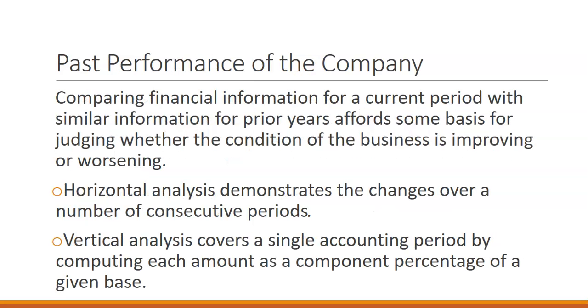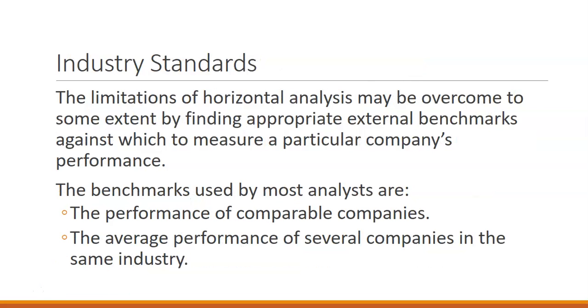So our past performance of the company, we're looking at that horizontal analysis, which is the trend analysis. And then vertical analysis is our component percentage analysis. When we look at industry standards, this is called benchmarking. So when we look at industry standards, we're looking at external benchmarks.